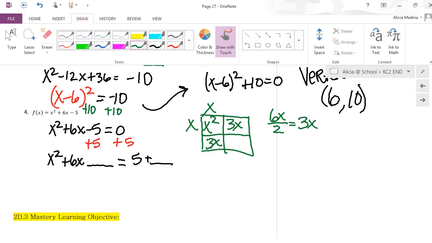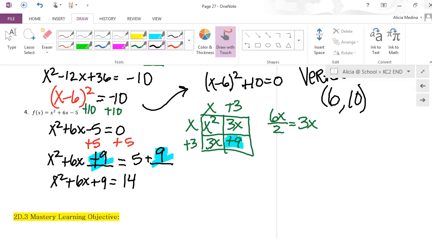So x times x is x squared, x times a positive 3 is a positive 3x, x times a positive 3 is a positive 3x, and my last coefficient then is 3 times 3, which is a positive 9. I'm going to go ahead and add that term to each side. So plus 9, plus 9.